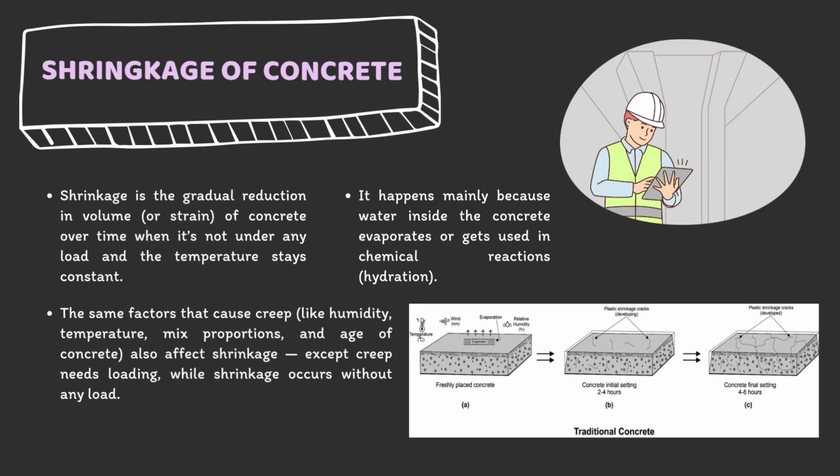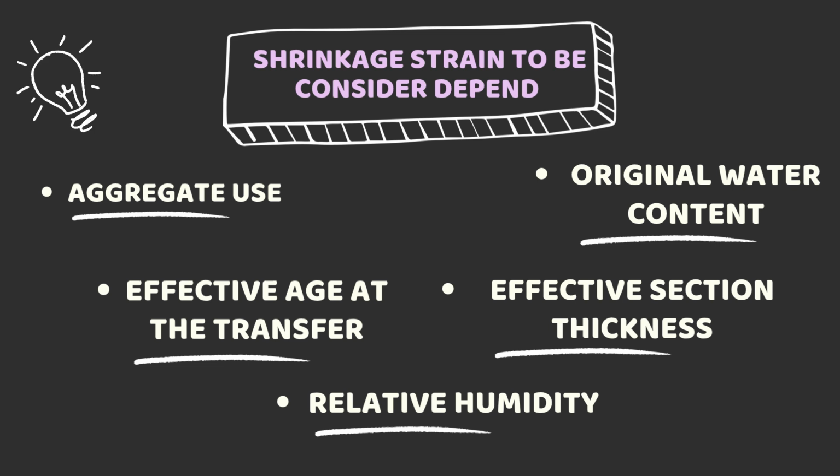Shrinkage and creep also have the same factors that cause them to happen, like humidity, temperature, mix proportion, and age of concrete. But creep needs loading to happen, while shrinkage occurs without any load.